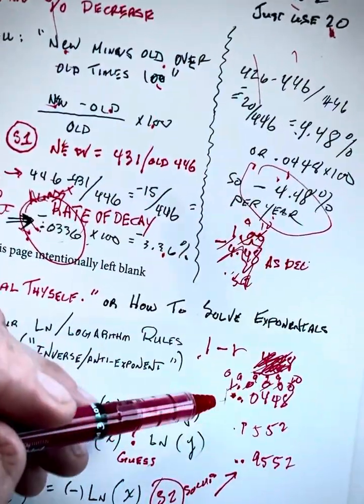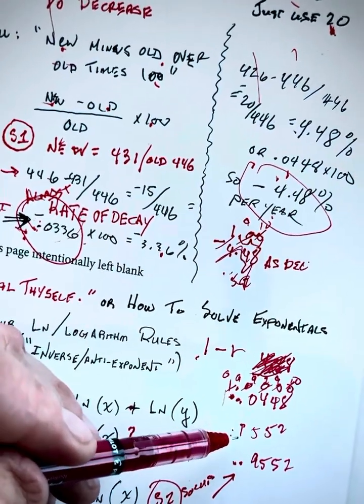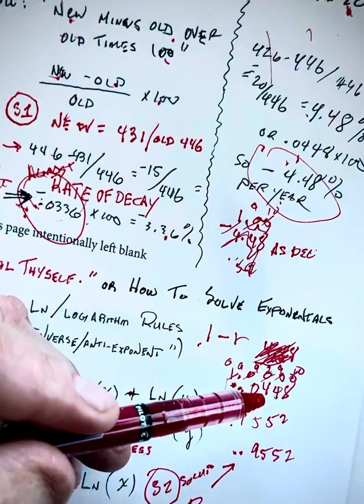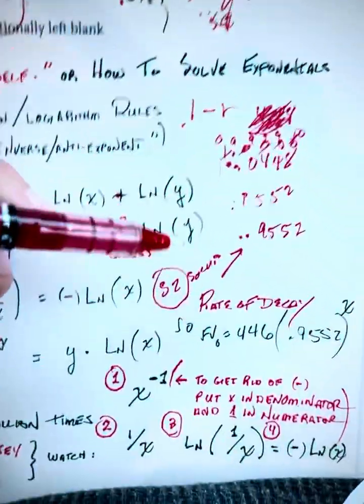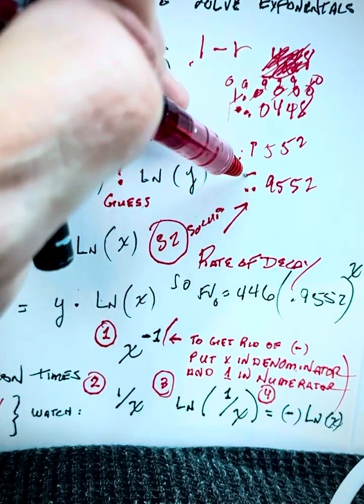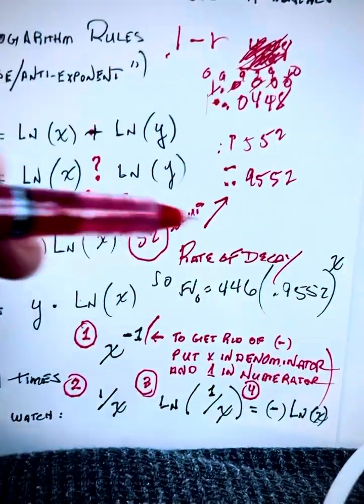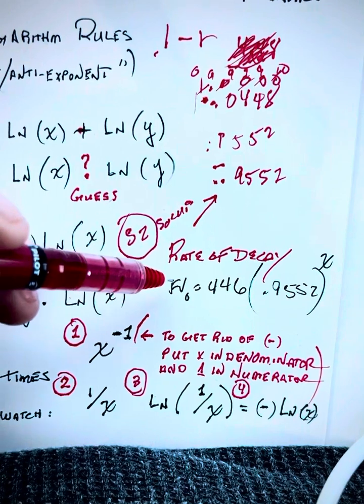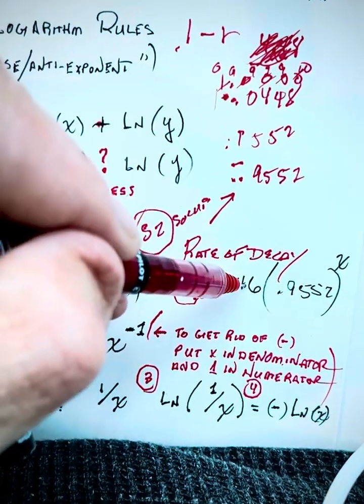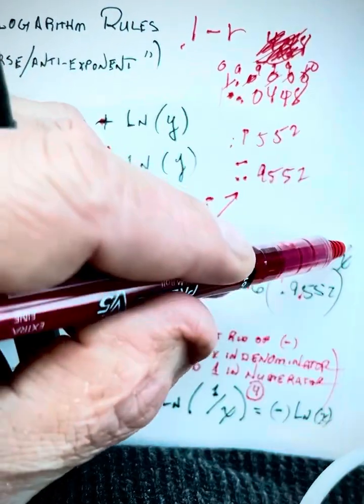You take that away from 1 and you get 0.9552 or 95.52%, right? And that's the rate of decay. So that's like negative. Yeah? And here you go. The future value is 0. Starting at 446, decaying at this rate, how many years will it take?